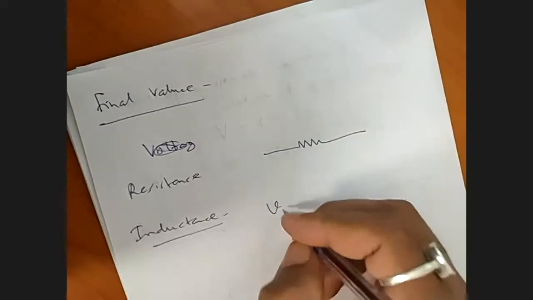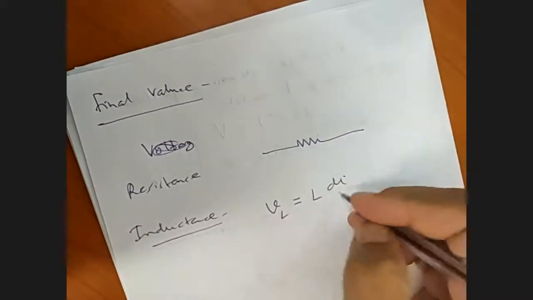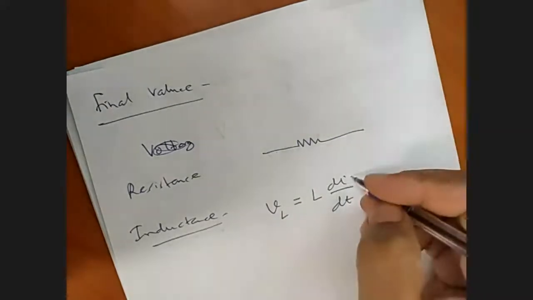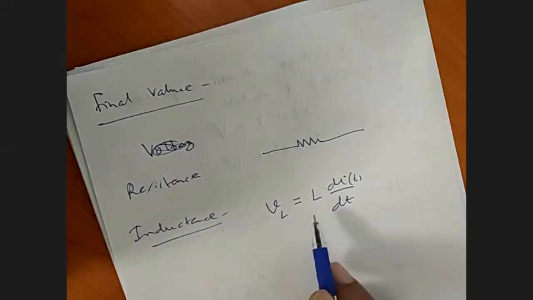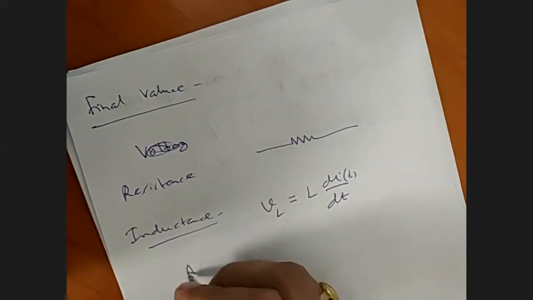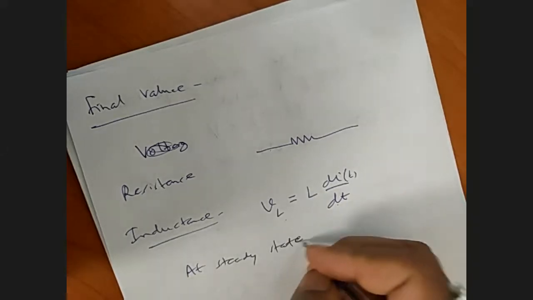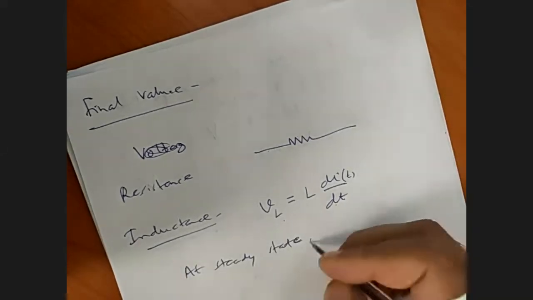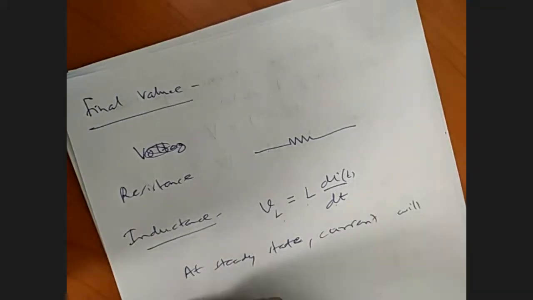इंडक्टेंस के अक्रॉस VL, it will be L di by dt. तो वोल्टेज अक्रॉस इंडक्टेंस इज L di by dt. तो एट स्टेडी स्टेट current will settle, current will be steady.